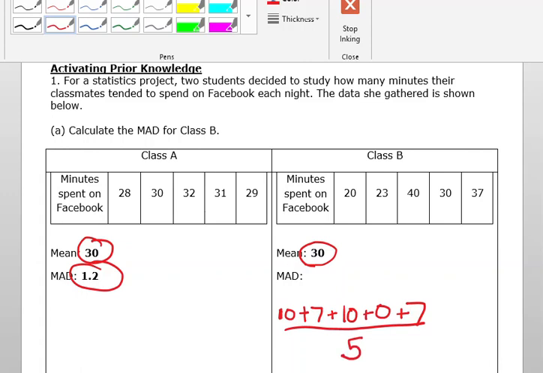All right, so I'm going to end up with 34 divided by 5, and that's going to give me a mean absolute deviation of 6.8.